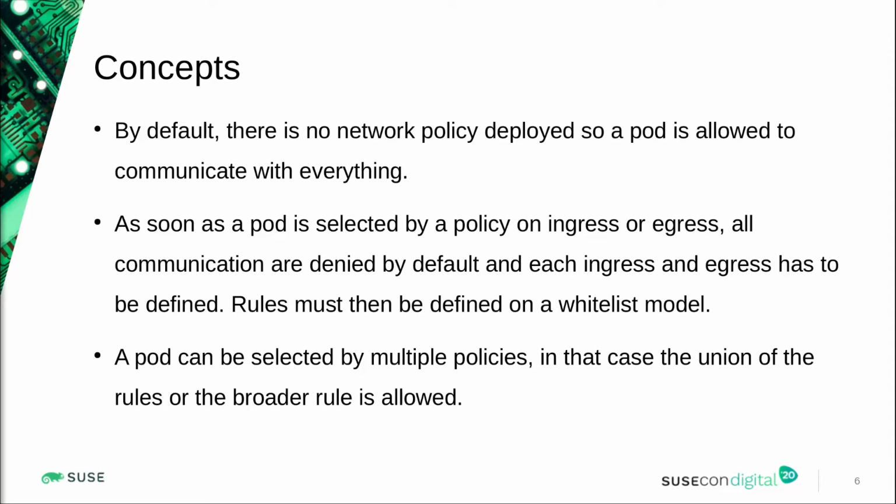But be careful, because in this case the union of the rules will be used and the broader rule is allowed. This means if you have a network policy which is allowing all the traffic by default, and then you, for example, try to only whitelist a specific type of traffic, this will not work because the default policy has a broader rule than the one you're trying to apply.